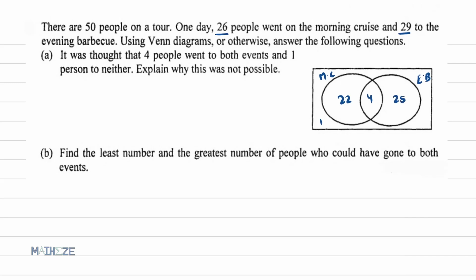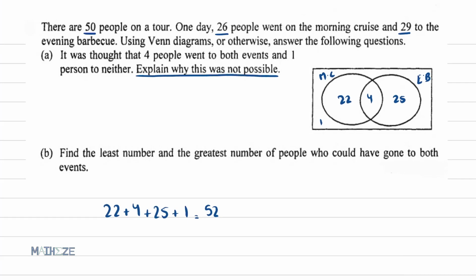25. If I add this, 22 plus 4 plus 25 plus 1, it adds up to what, guys? 52. But the question says how many people were there on the tour? 50. Which means this was not possible.